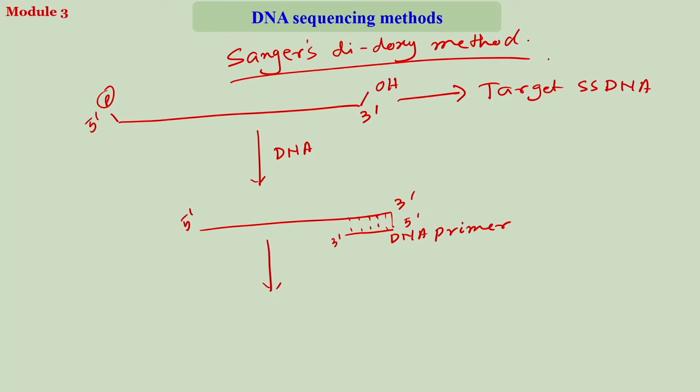It also uses a polymerase, but it does not use Taq polymerase. They used the normal DNA polymerase called DNA polymerase 1. Taq polymerase was actually not discovered in Sanger's time.